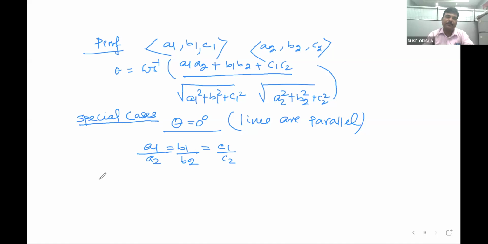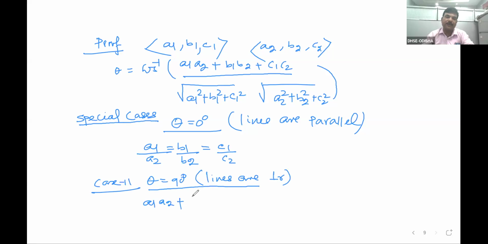Case 2, theta is equal to 90 degree. Lines are perpendicular. A1 A2 + B1 B2 + C1 C2 = 0.